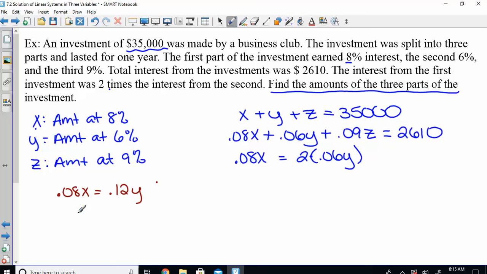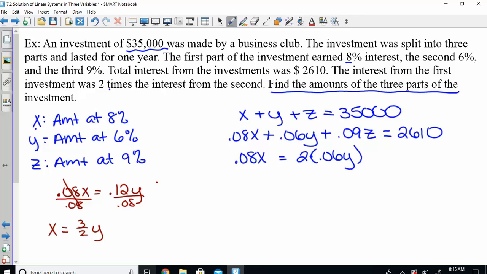We could solve for one of our variables. So what do you want me to do? Solve for x, divided by 0.08. Okay, what's 0.12 divided by 0.08? So x equals 3 over 2 times y, or 3y over 2.